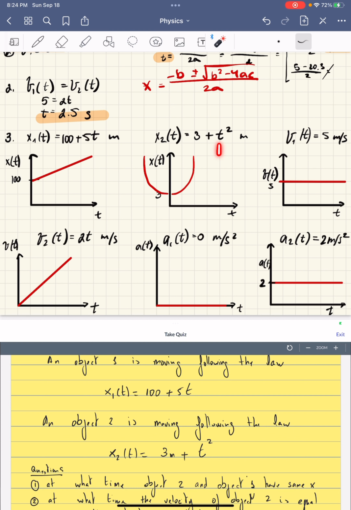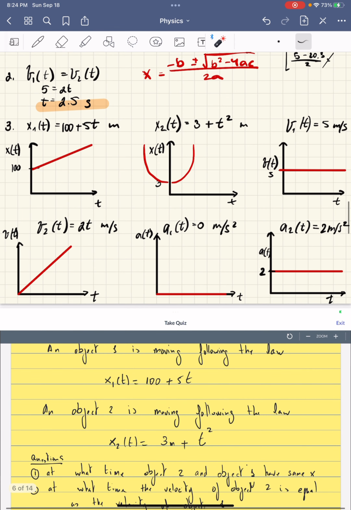When we plug in 1, let's say here, we'll get 4. If we plug in minus 1, we'll still get 4 since it's squared. So we get minus 1, let's say 4 here, and plus 1 here, and so on. We can plug in 2, minus 2, and so on. So it's going to go up here and up here.